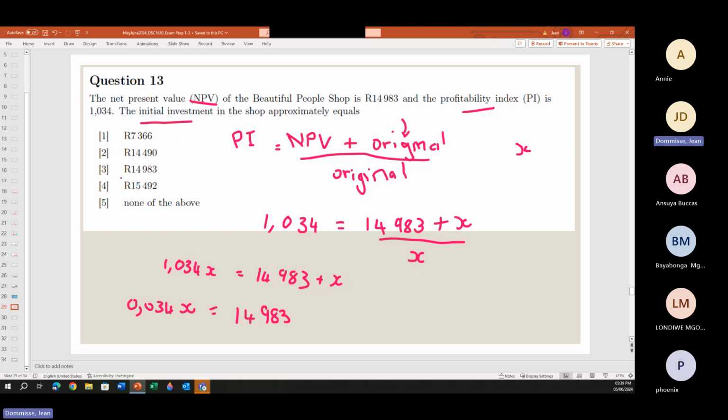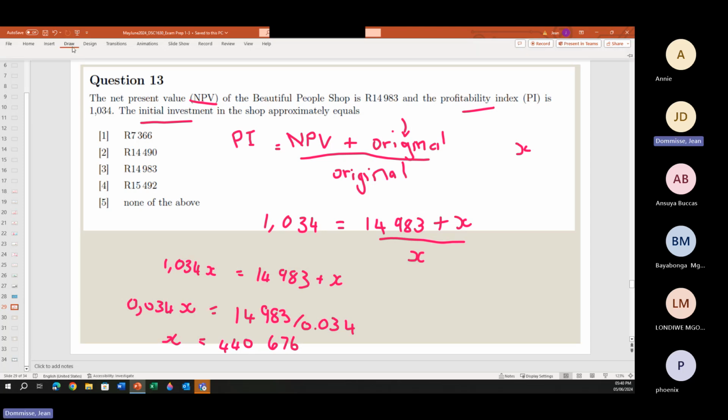Okay, so then x is equal to 14,983 divided by 0,034, and that is equal to 440,676.